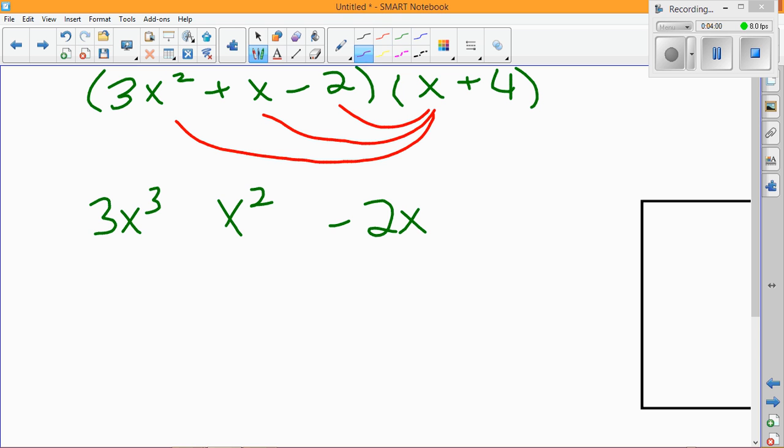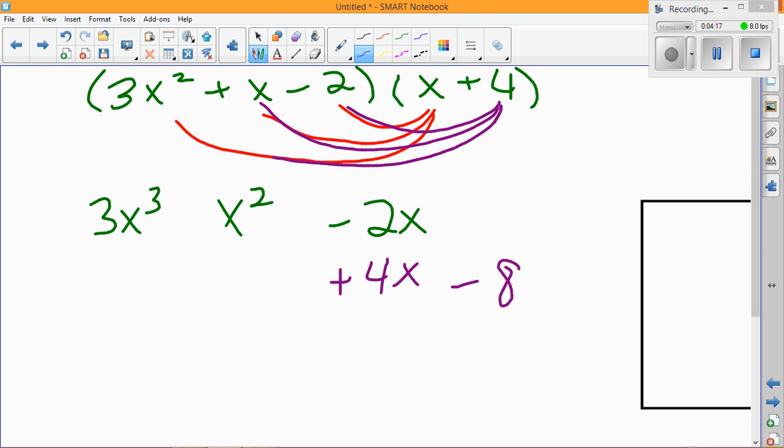Then you do the same to the 4. 4 times -2 is -8. And notice what I'm doing, I'm lining up like terms. 4 times x is 4x, and 4 times 3x squared is 12x squared.